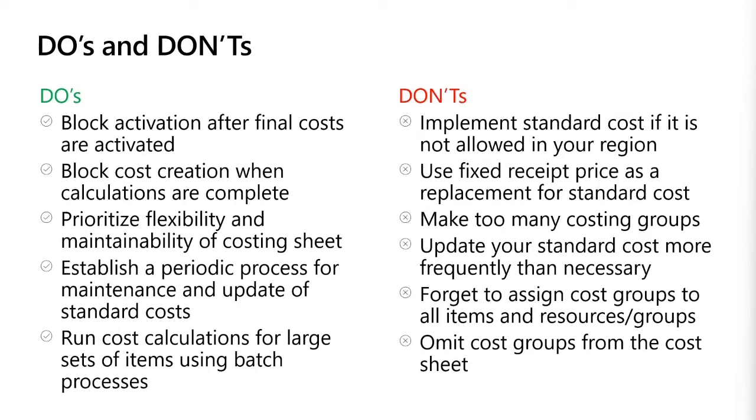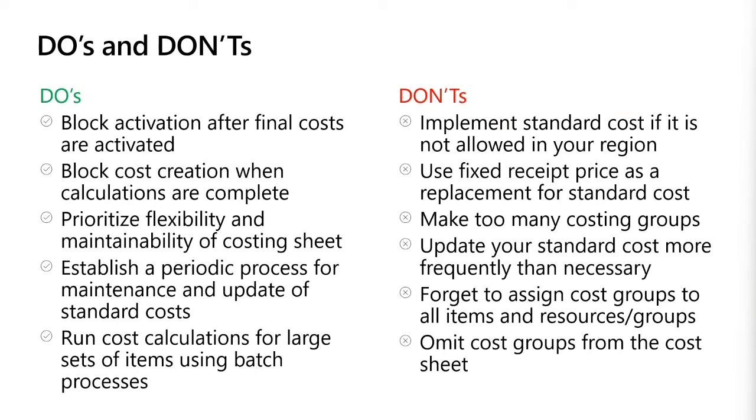We also recommend that you prioritize flexibility and maintainability of the costing sheet when you're designing it for your implementation. You want to think about all the ways that your business processes might change or how you may need to add new cost groups based on the rules you're setting, and make sure that you're prioritizing, again, that flexibility and maintainability. We do recommend that you establish a periodic process for the maintenance and update of standard costs.